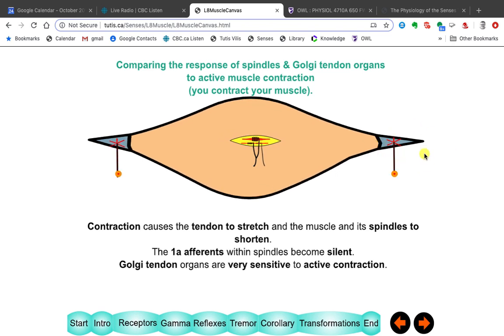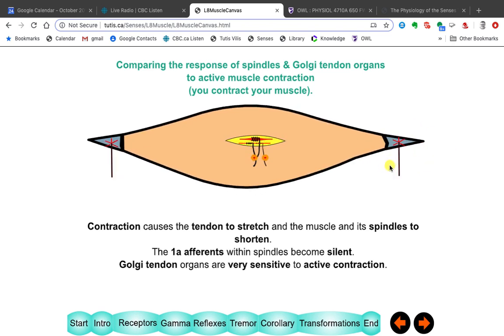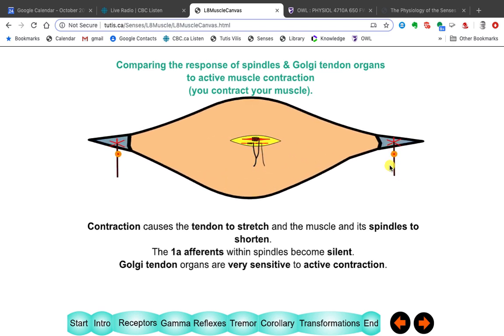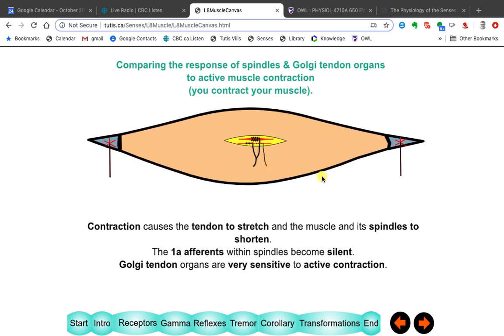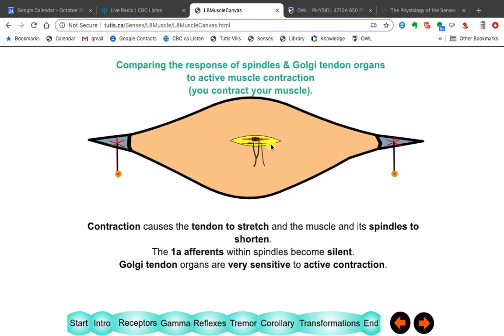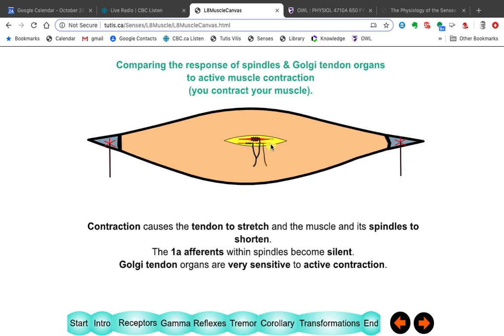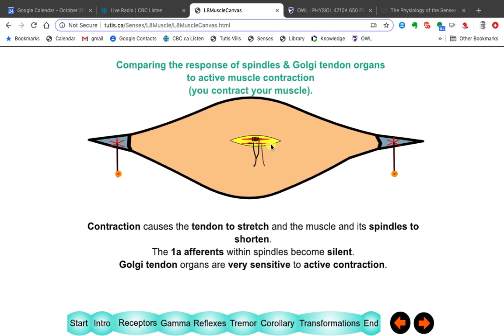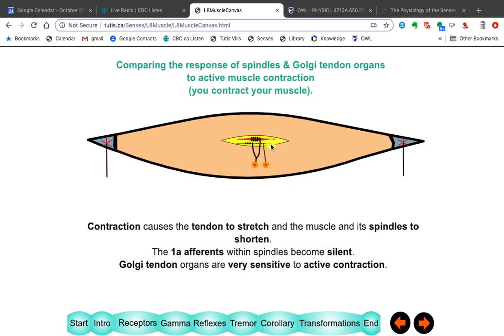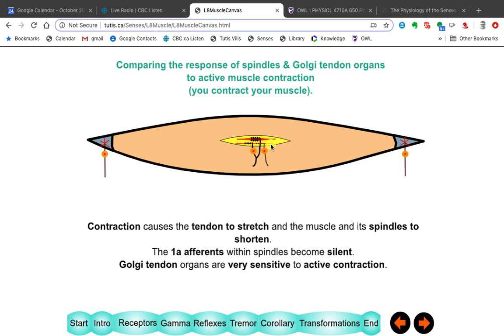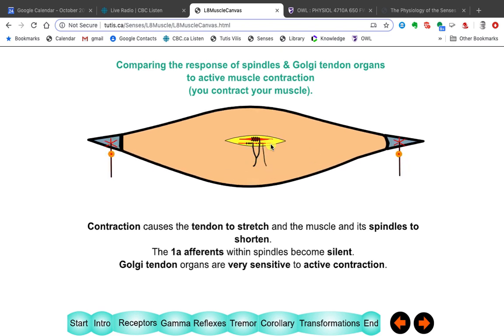So the Golgi tendon organ signals how much force the muscle is exerting. You'll also note that there's some activity when the muscle is here, but none during the contraction, because the muscle is shortening. Here it's lengthening, here it's shortening, here it's lengthening, here it's shortening.